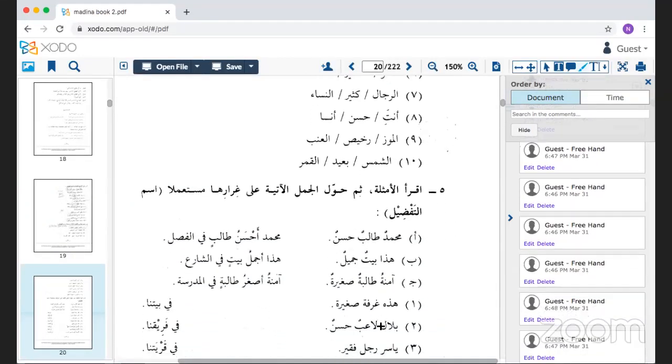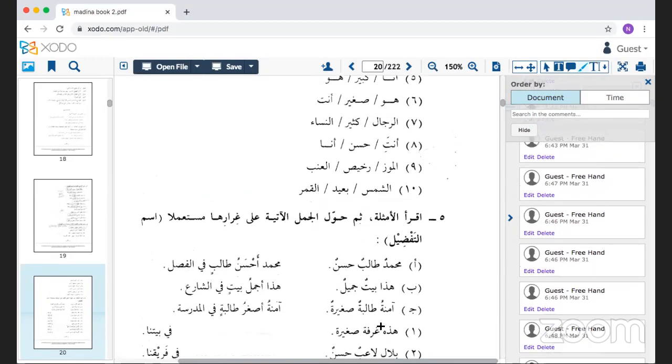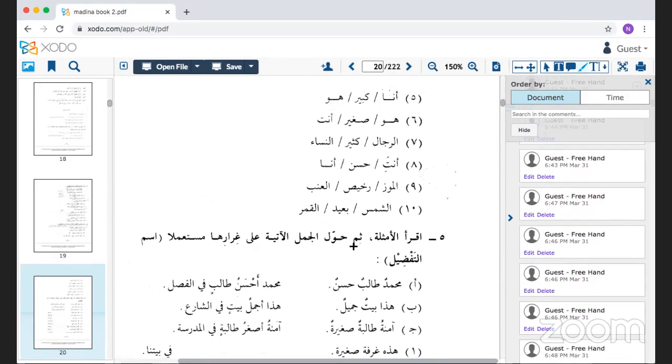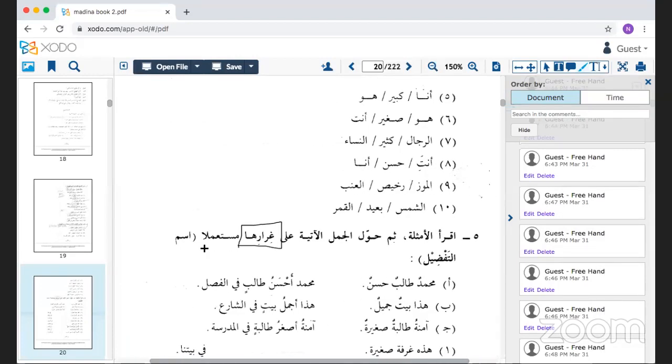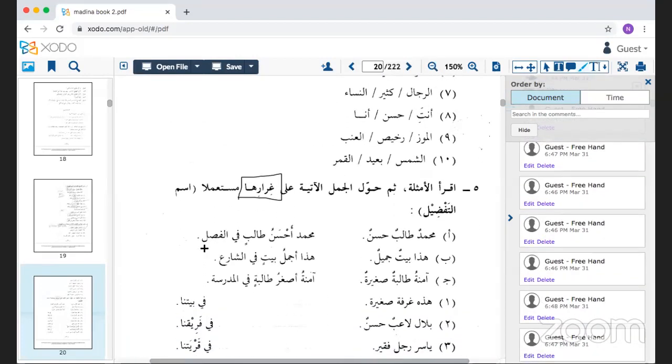And also exercise 5, it says اقرأ الأمثلة, read the examples, ثم حول الجملة الآتية على غرارها, meaning following the same pattern as the examples, using اسم التفضيل, مستعملا اسم التفضيل. So read those examples in exercise 5 as well.